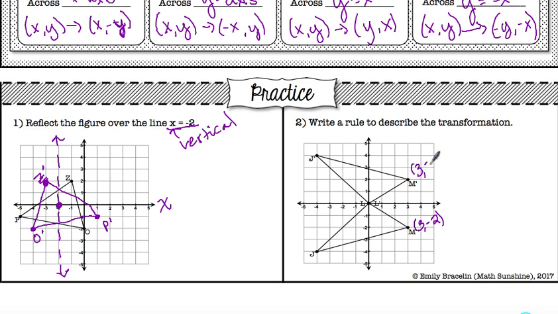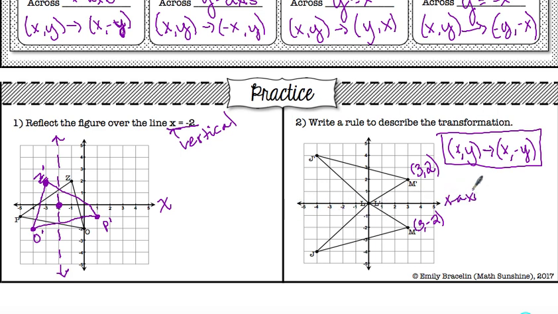It looks like the y value changed from being negative to positive. The y value changed signs. X comma negative y. Okay? Or maybe you know that this is a reflection over the x-axis, and maybe potentially you have memorized the rule for that, which is just to change the sign of the y value.